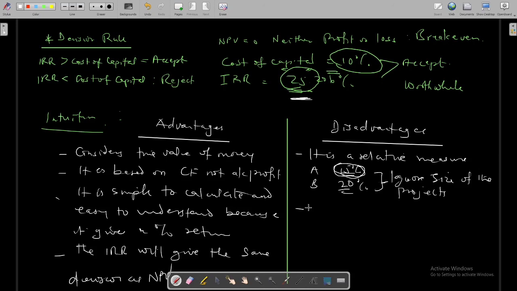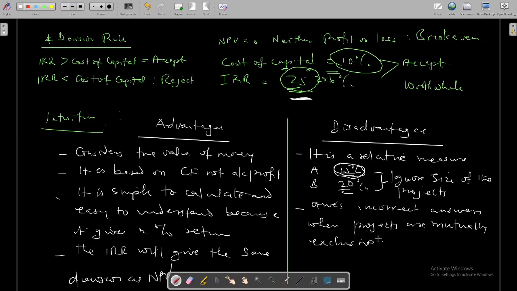The internal rate of return method of appraisal gives an incorrect answer when projects are mutually exclusive.